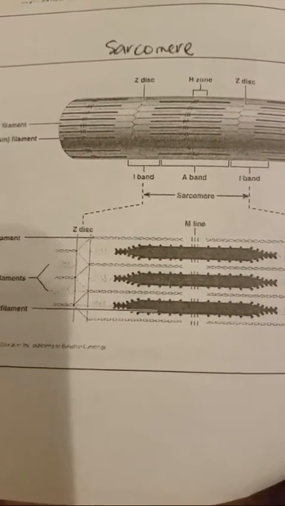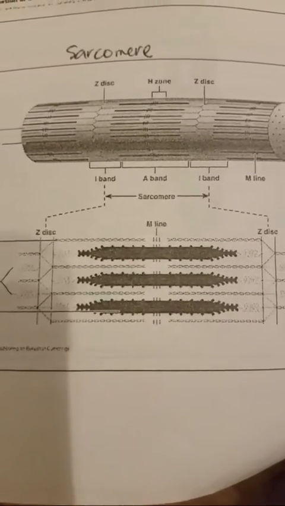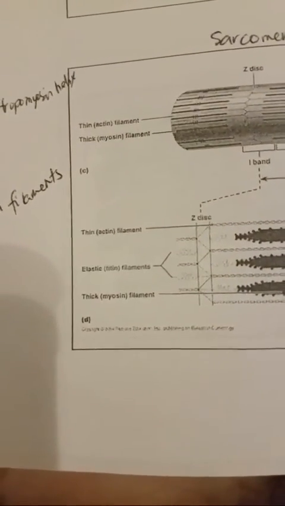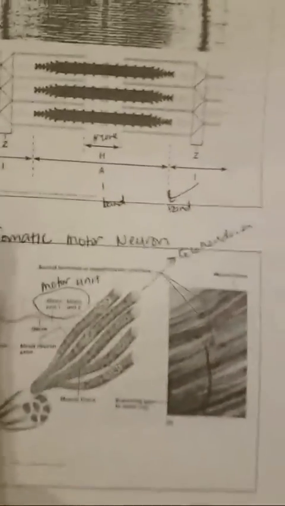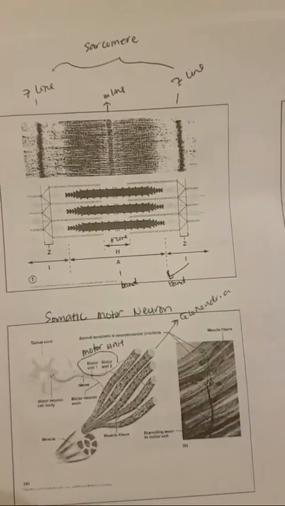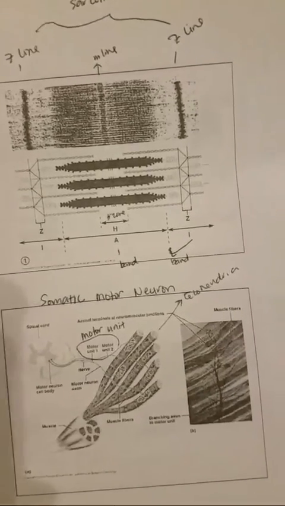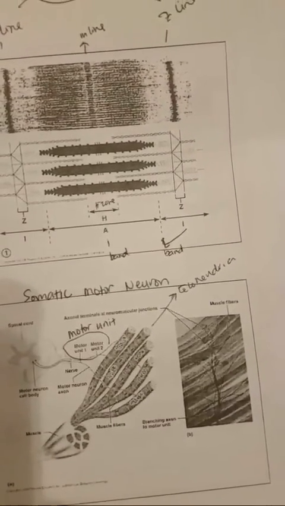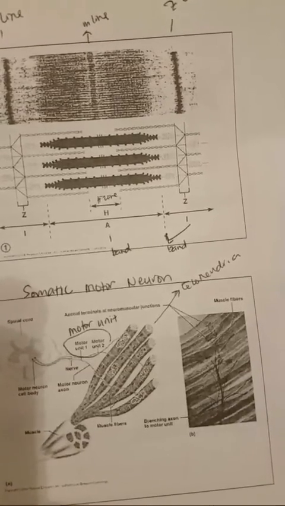So the M line is this in the middle, Z disc, thin filament, okay, and then we have sarcomere, Z line and M line. So H zone is that, A zone is that.